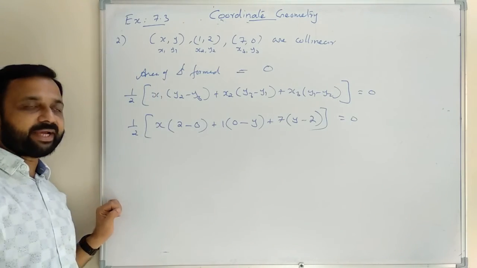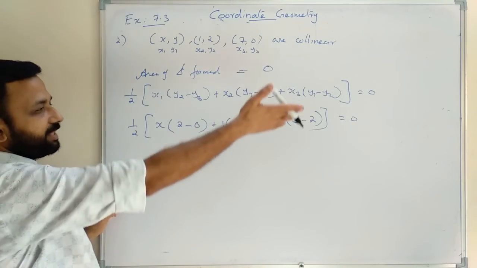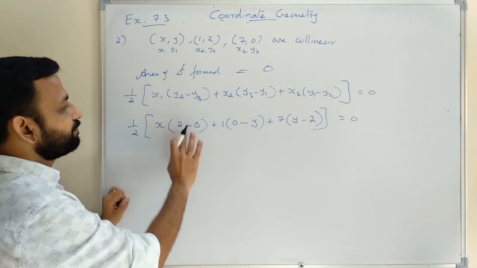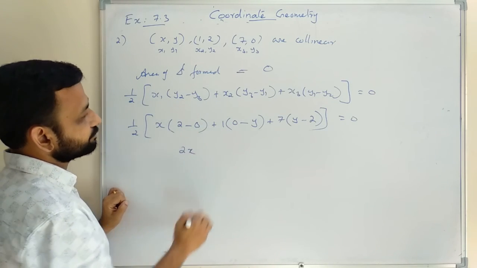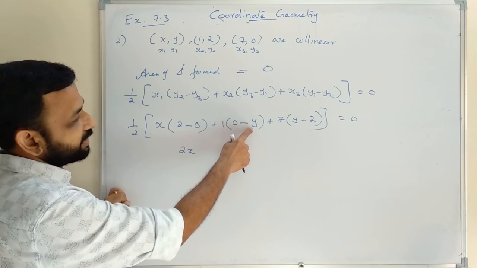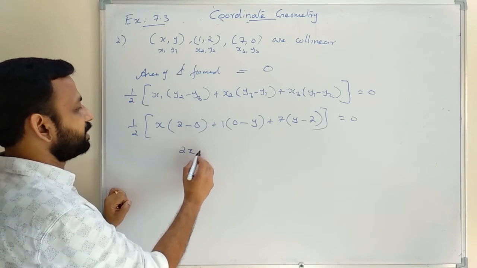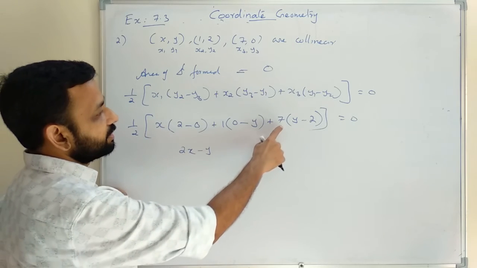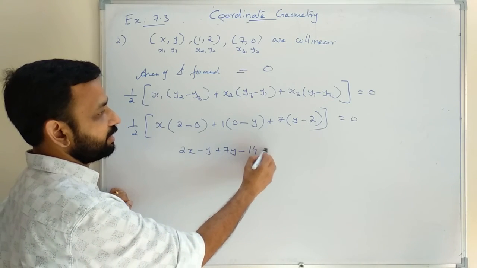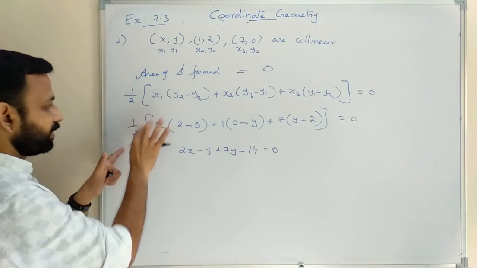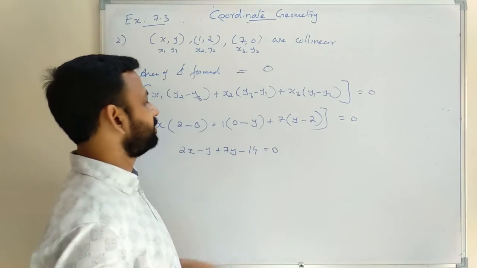Then we will open the bracket. 1 by 2 we can take from left to right. So 0 into 2, that will be 0. Then 2 minus 0, that is 2, 2 into x, 2x. Then 0 minus y, that is minus y. Minus y into 1, that is minus y. Then open the bracket, 7y minus 14 equal to 0, because 1 by 2 we can take from left to right, so it will be 0.